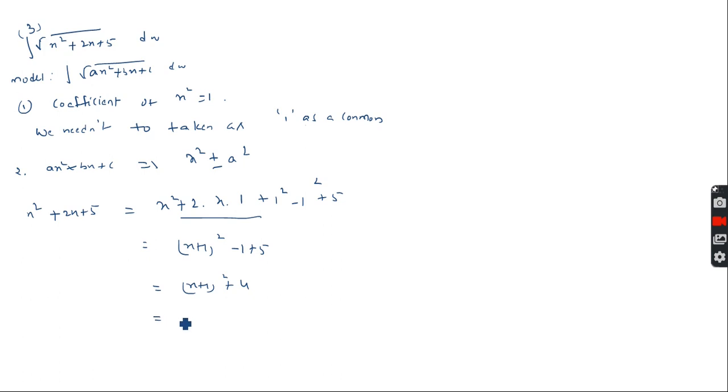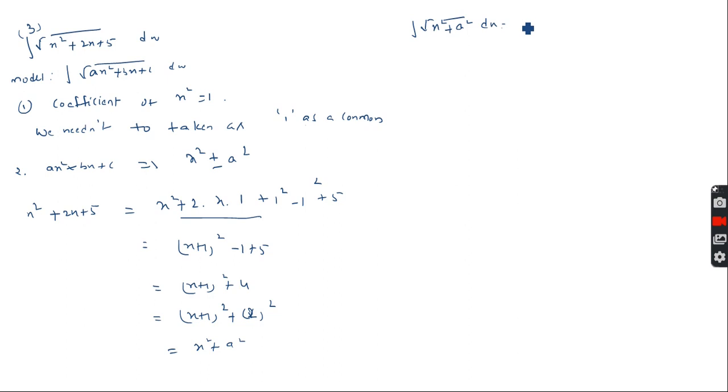4 can be written as a square, that is 2 whole square. So finally what is the form? The form is x square plus a square form. So we know the formula for the integral of root of x square plus a square into dx.